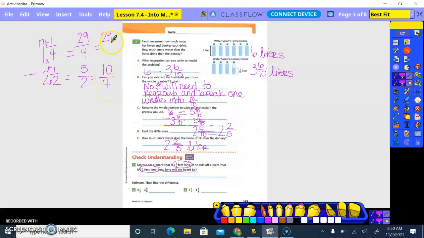And then this is still 29 fourths, because we needed a common denominator, correct? And then we did times 2 on the bottom, and what we do on the bottom, we do on the top. So 29 fourths minus 10 fourths is 19 fourths, which is also equal to 4 and 3/4. Okay, so 4 and 3/4 feet.